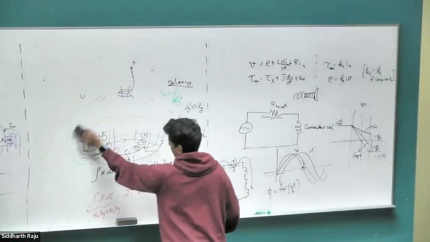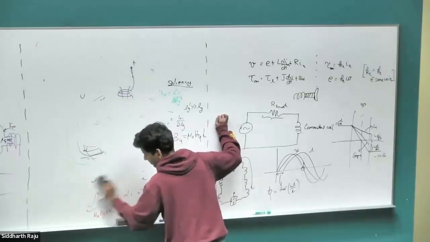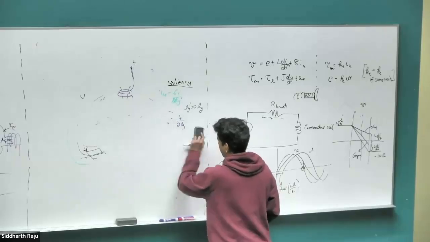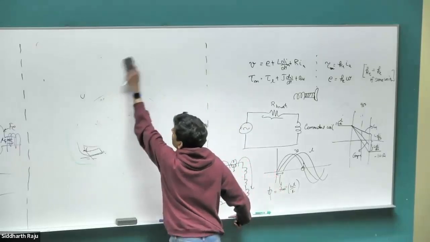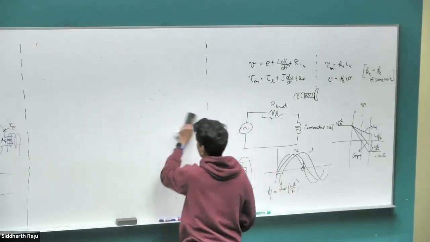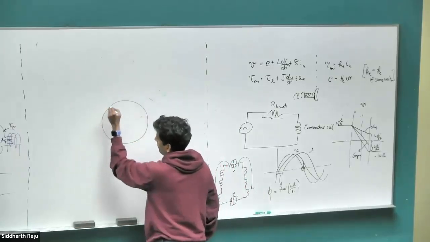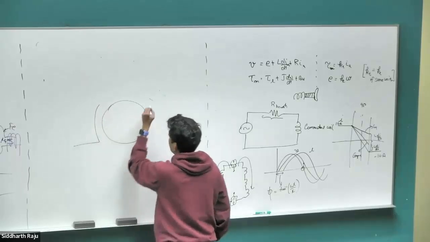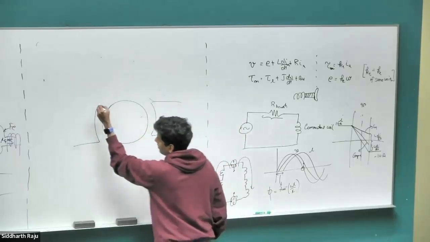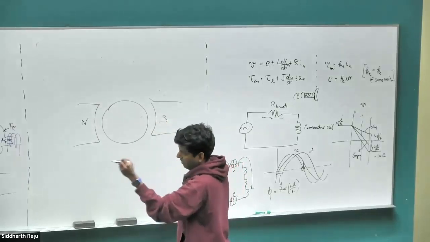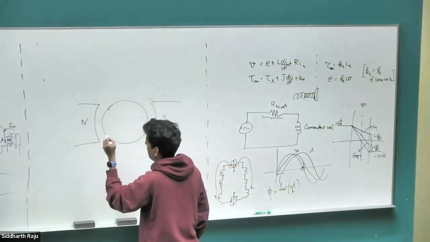So let's go back to this diagram here. Right, so when we had our, we saw that because of this, there are two problems that we have.